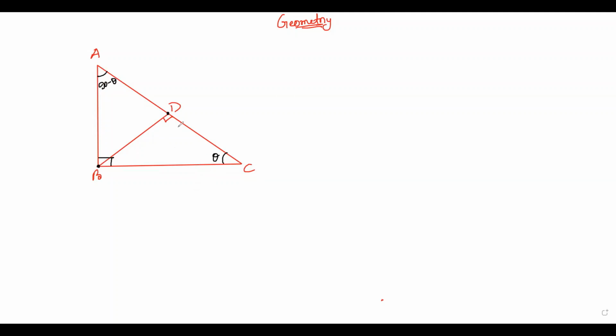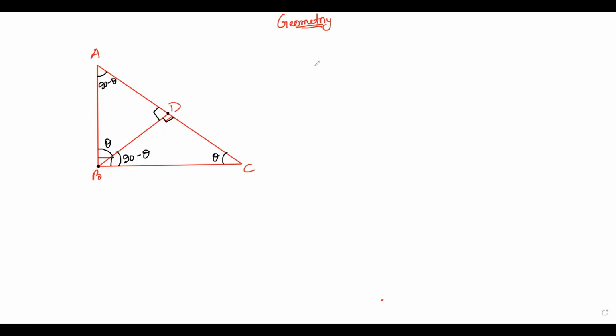In a similar way, if we consider the triangle BDC, this angle is 90 degrees, this angle is theta, so this angle would be 90 minus theta. And if we consider the triangle ABD, this angle is again 90, this angle is 90 minus theta, so this angle would be theta.